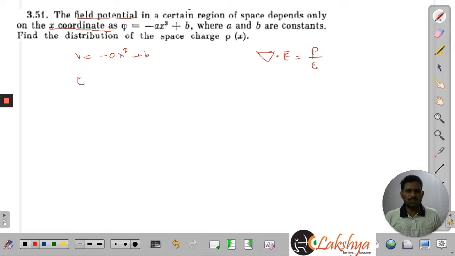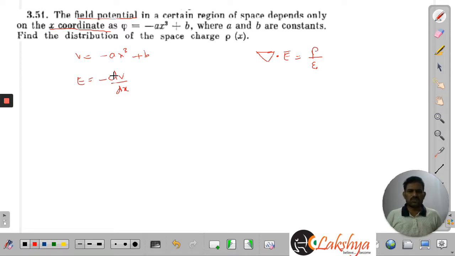We know that if potential is known to us, then we can calculate the field as minus dV by dx, because only the x component is there. So I am directly writing it as dV by dx. Otherwise you need to remember that the E-V relation is in terms of partial differentiation: E is minus of dou by dou x of i cap plus dou by dou y of j cap plus dou by dou z of k cap.